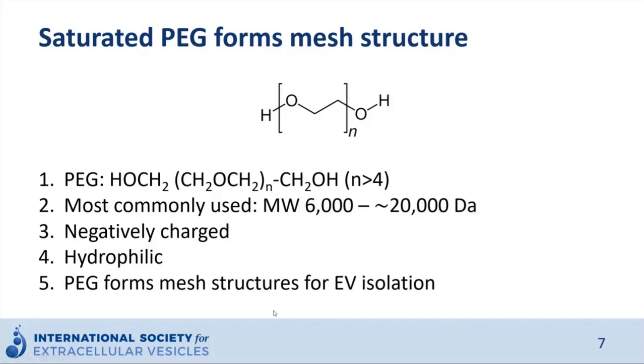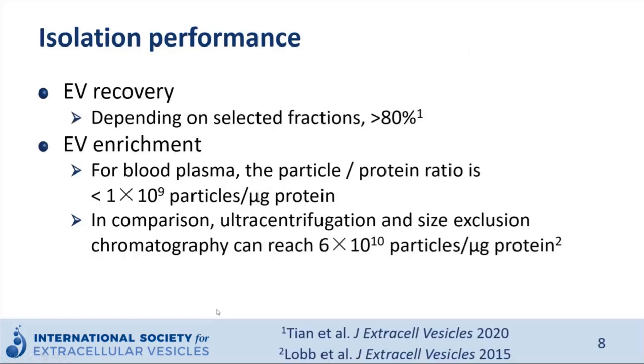After aggregation, it is very easy to harvest particles with low-speed centrifugations. The PEG method has a very high EV recovery rate, typically over 80%.